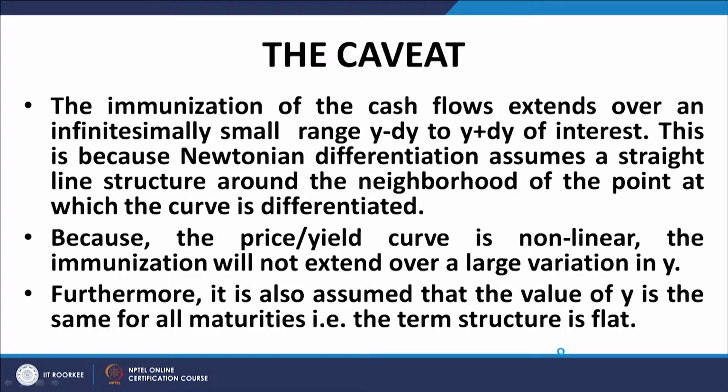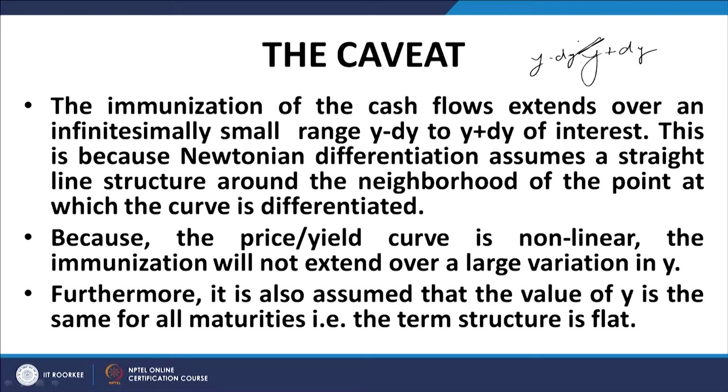That is very interesting. The first thing is, remember, we have used Newtonian differentiation. Newtonian differentiation assumes that around that point of reference, where we are differentiating at y, in a small interval around this, y plus dy and y minus dy, our yield price curve is a straight line.